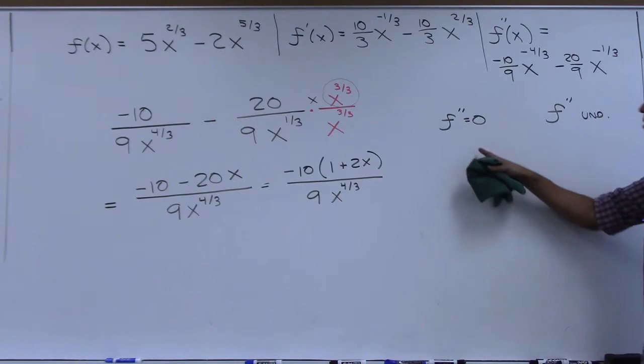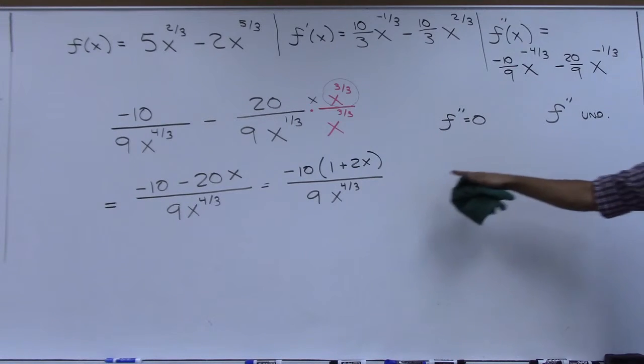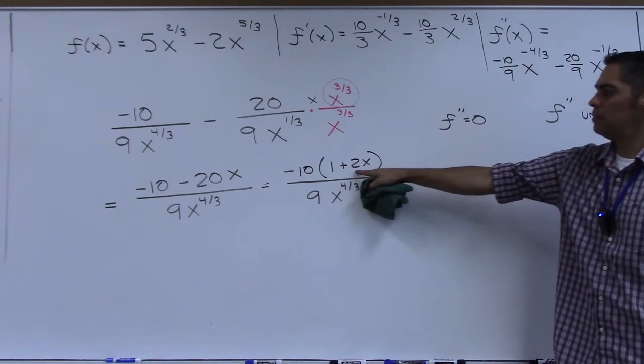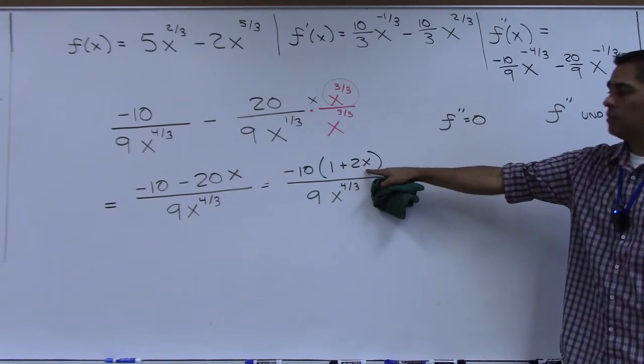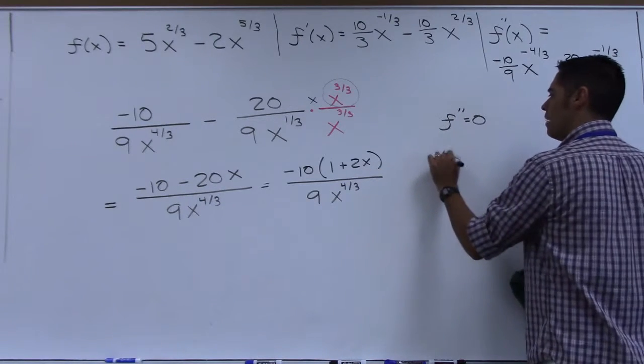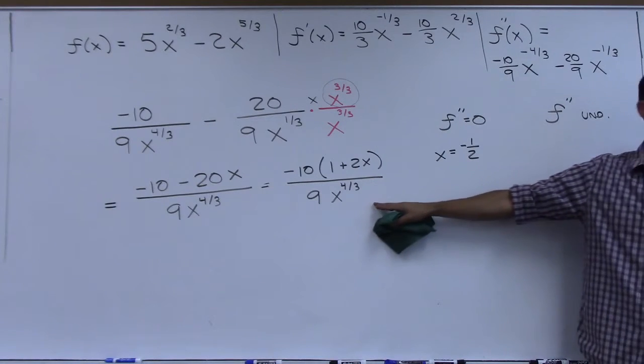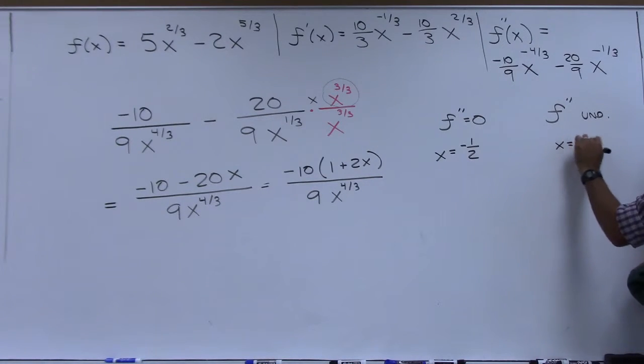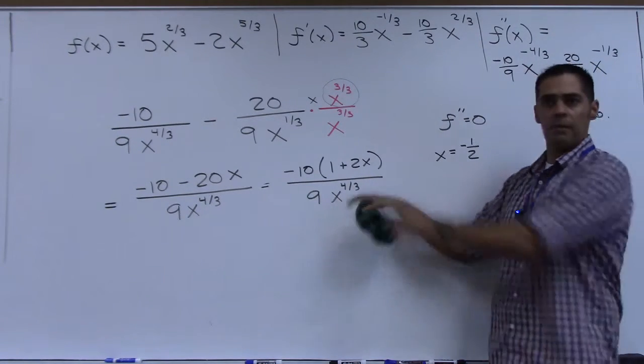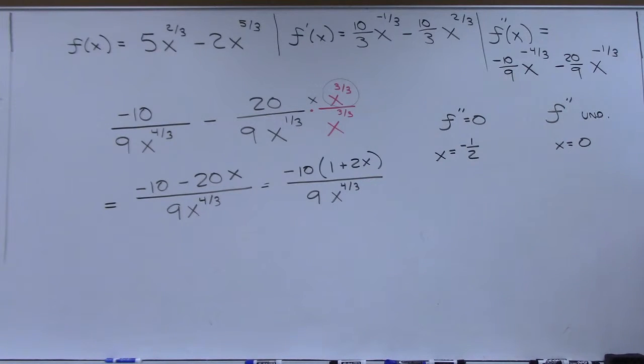Well, where is it 0? You just have to take this piece right here and set it equal to 0, which gives -1/2. And then where is this thing undefined? At 0. At 0, you can't plug 0 in here, it's going to be undefined.